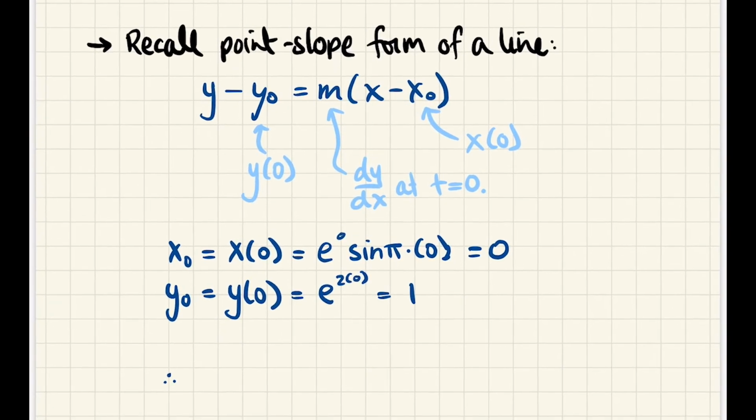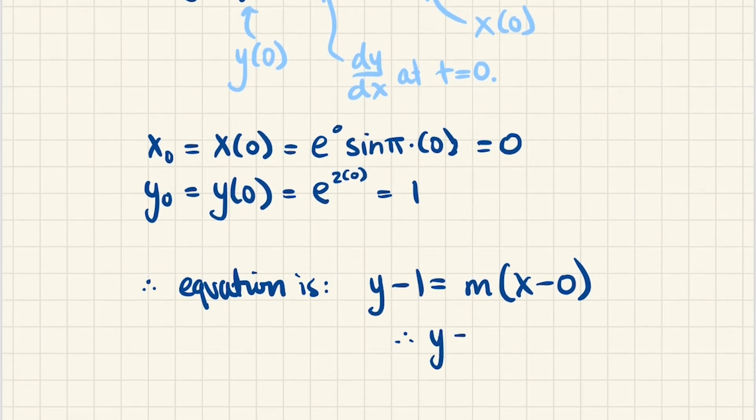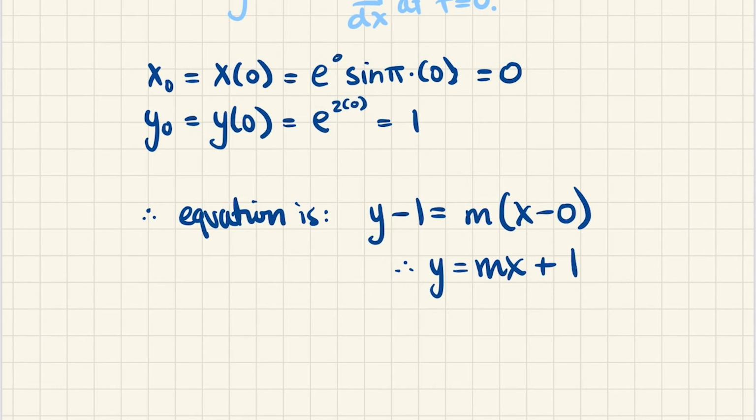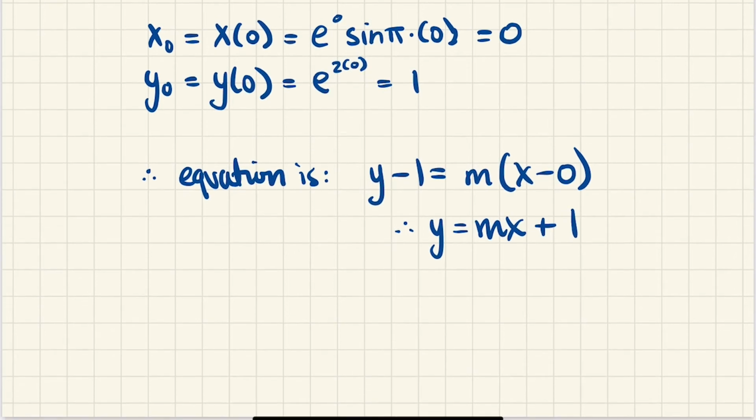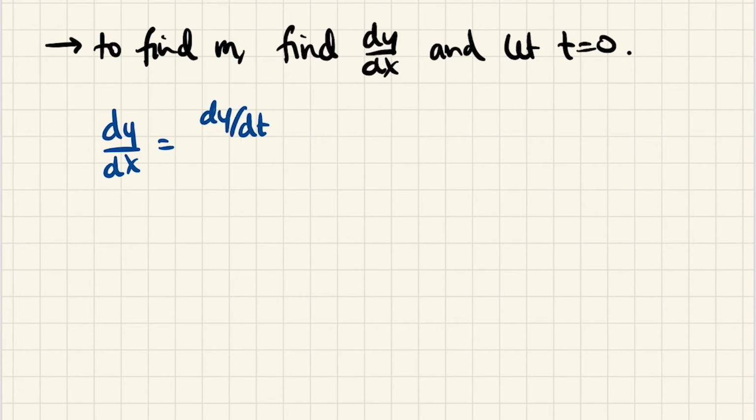So therefore, our equation is y minus 1 is equal to m times x minus 0, or y equals mx plus 1. So we just need to find m. Okay, well, dy/dx is, of course, equal to dy/dt divided by dx/dt. So now we need those two pieces.